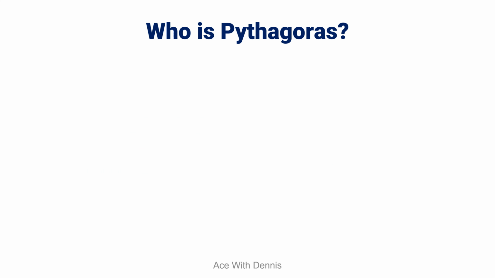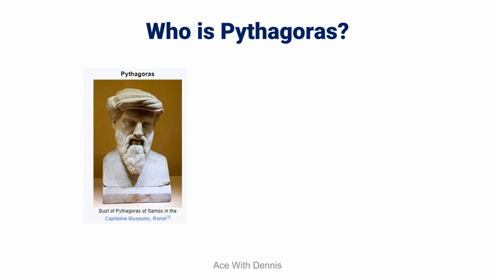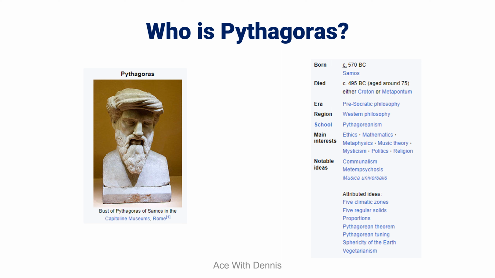You may wonder who is Pythagoras. You can search information about him from Wikipedia, and this is his statue. This is the summary about Pythagoras. As you can see from here, he was born in 570 BC and died in 495 BC, when he was around 75 years old.